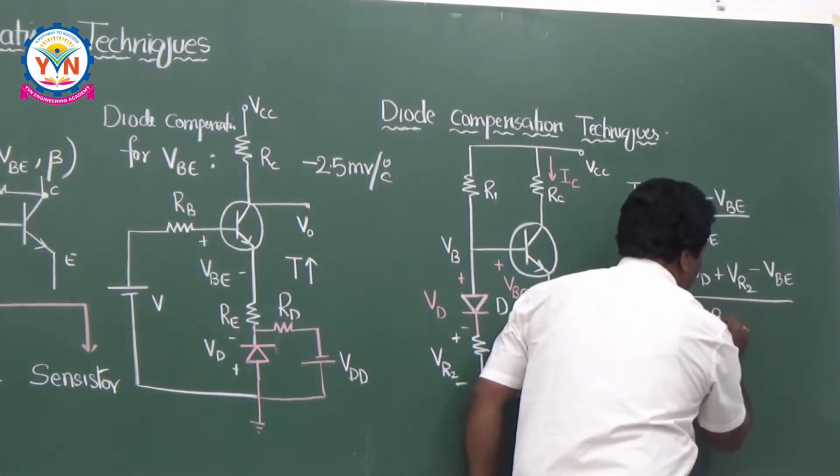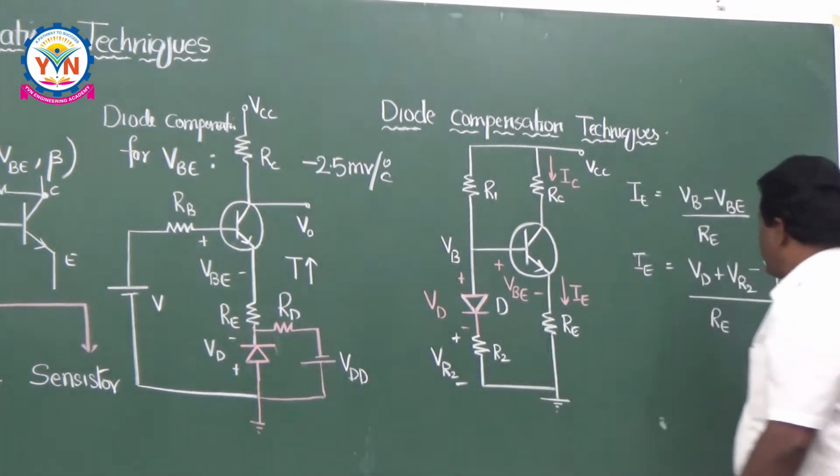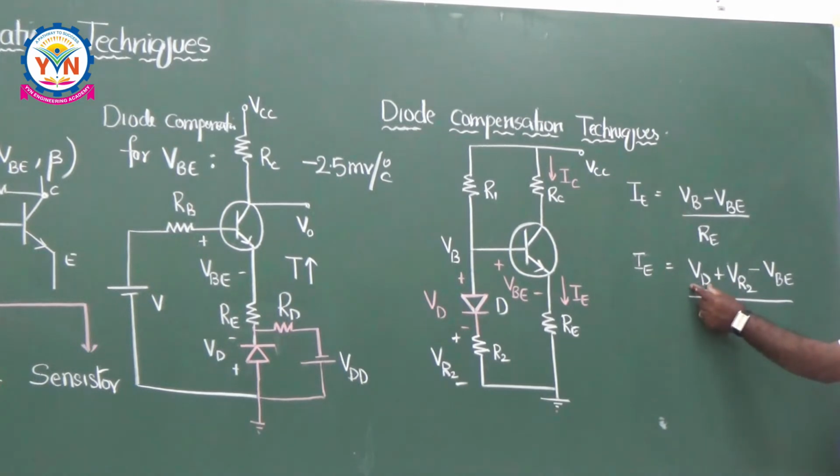This is divided by RE, right? So this is the diode voltage drop and this is nothing but the base to emitter voltage. This is the transistor drop and this is the diode drop. They are actually of the same material. As the material is the same, the change in the voltage drop across the diode is the same as the change in the base to emitter junction voltage.